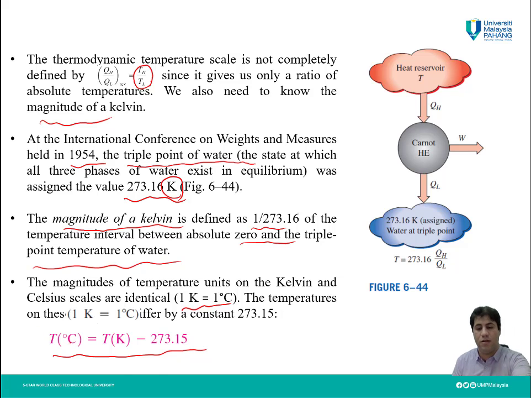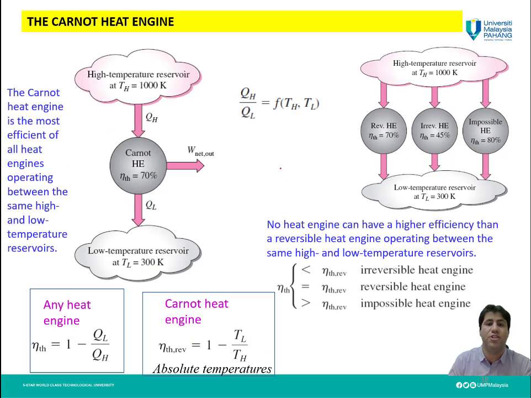This Kelvin temperature helps us to find the efficiency of different types of heat engines, and it helps us to find the efficiency of a Carnot heat engine. As I said earlier, the heat engine which works on a Carnot cycle is called a Carnot heat engine, which I have already discussed.